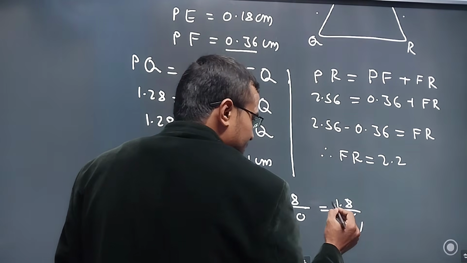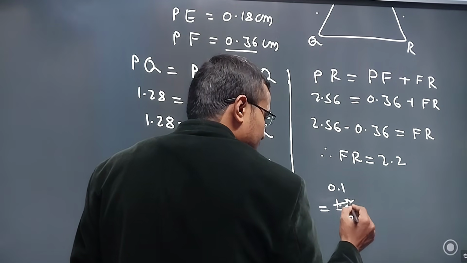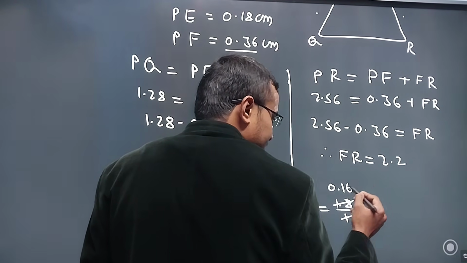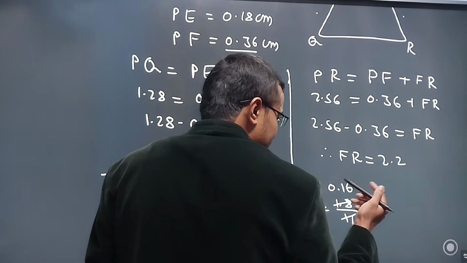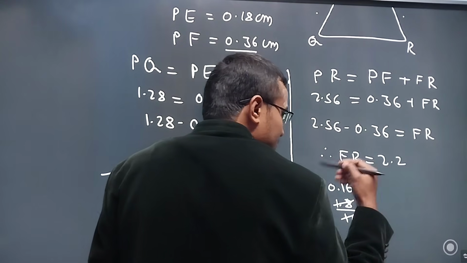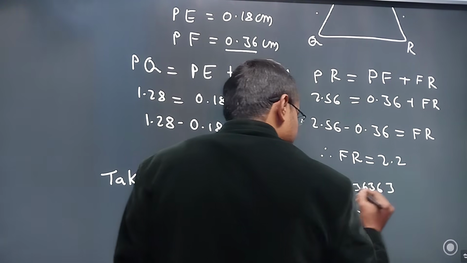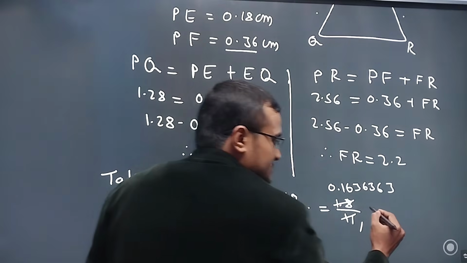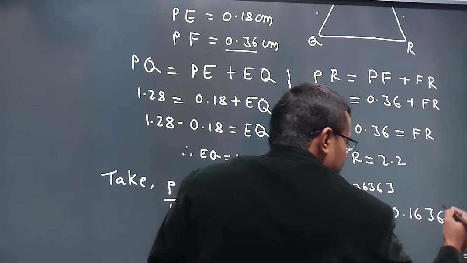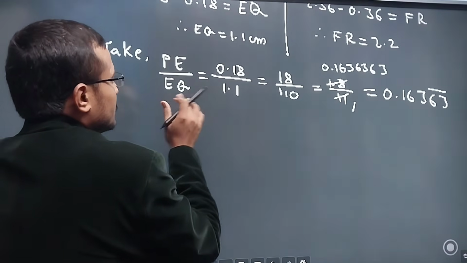So 11 ones are 11, 7 will be remaining, 70. 11 6s are 66, 4 will be remaining, 40. 11 3s are 33, 7 will be remaining. So again it will be 6, 3, 6, 3. It goes on like this, 0.163636363 and so on. This number recurs.